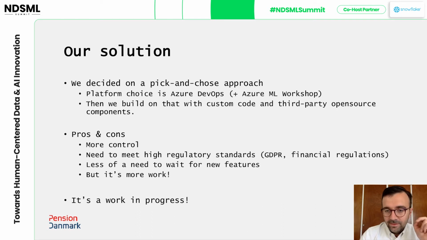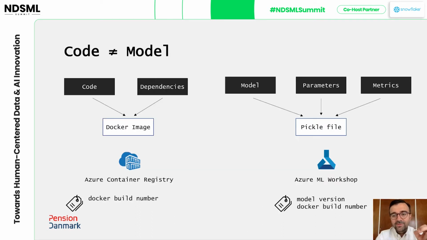So, to start off with, the founding principle in our MLOps solution is to just separate everything that has to do with code from everything that has to do with ML models. So what this means in practice is that our code and dependencies get bundled into Docker images that are saved to Azure Container Registry, which is just a Docker container registry that's hosted in Azure.